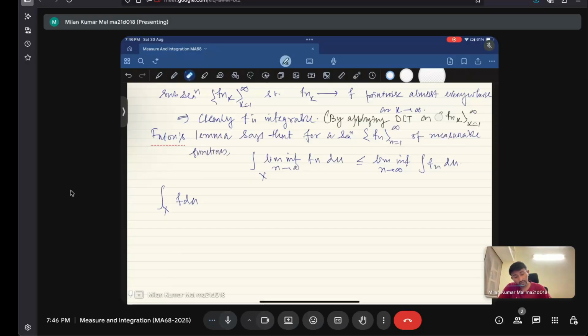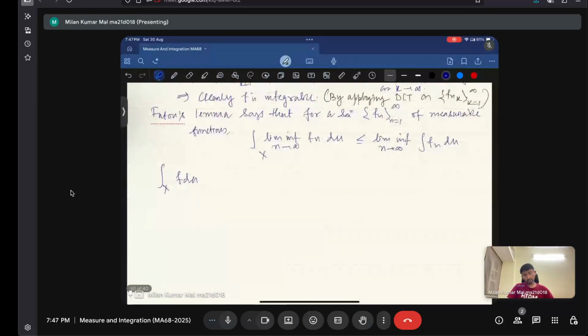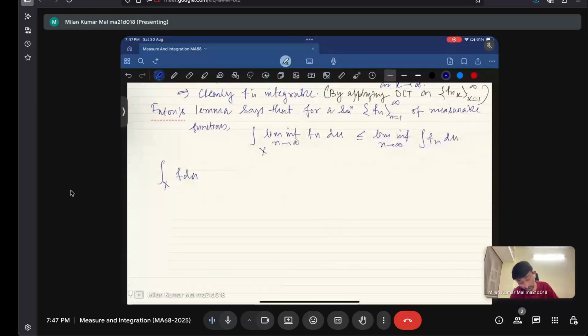We can apply DCT on f_{n_k}, and then we get that this is integrable, because g is also there. Now we have to prove not only that the integral along the subsequence converges to the integral of f, but that the full limit will converge to the integral of f. That is what we have to prove.